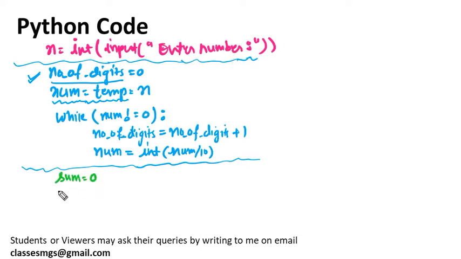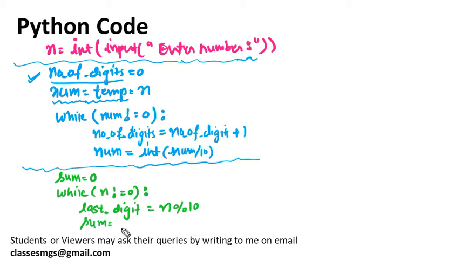Again apply the while loop, while n is not equal to 0. We need to calculate the last digit. I already explained this logic to you. n % 10 will give you the last digit.